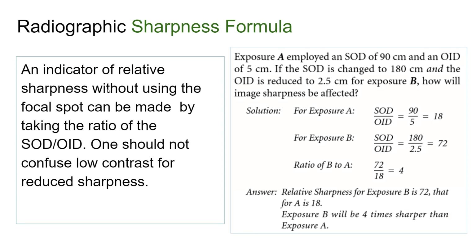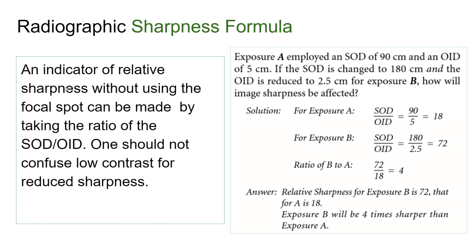It's based on the ratio between the SOD and the OID. Again, if I give you SID, which is not part of this, but if the SID is in there, you can figure out the SOD. I've got to give you at least 2 out of 3 things, right? If I only give you one thing, then you can't do any of these problems.